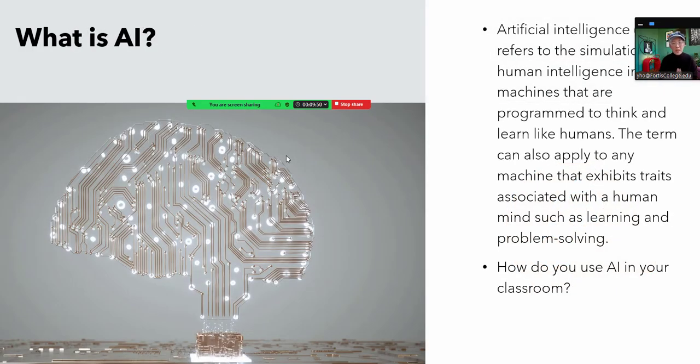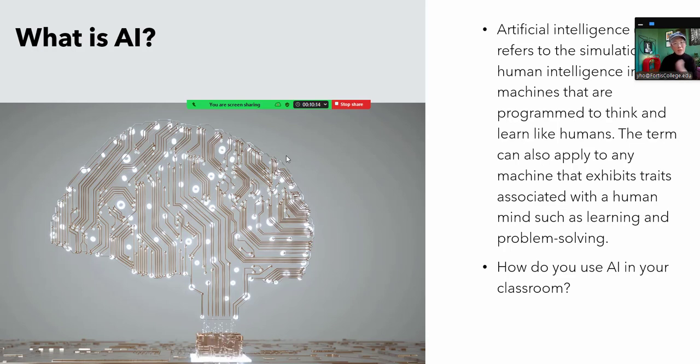First of all, what is AI? So artificial intelligence refers to the simulation of human intelligence in machines that are programmed to think and learn like humans. The term AI can also apply to any machine that exhibits traits associated with a human mind, such as learning and problem solving.